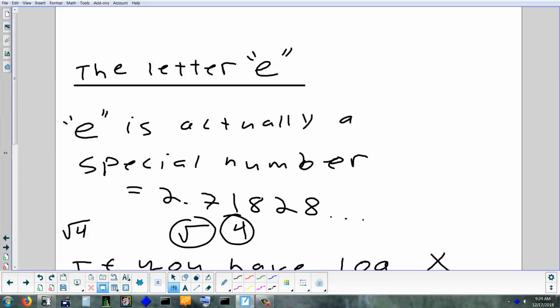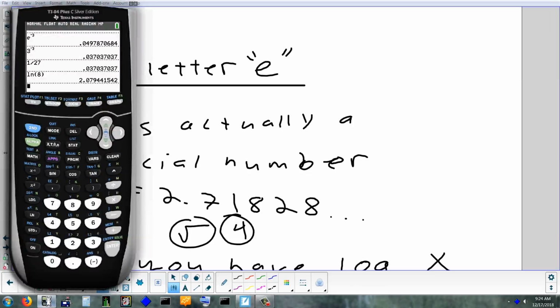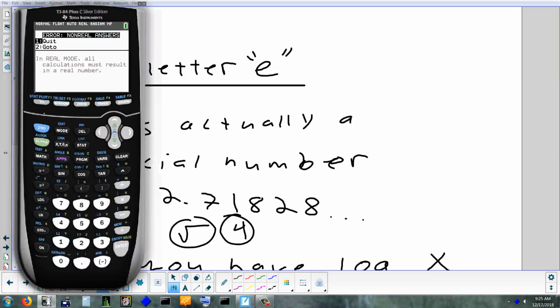You can put in almost any number you want except negatives and 0. You can never use zeros and negatives with logs. If you try, look what it says. It says non-real answer. So technically that means you could do it, but what kind of answer would you get? Imaginary. It would be imaginary.